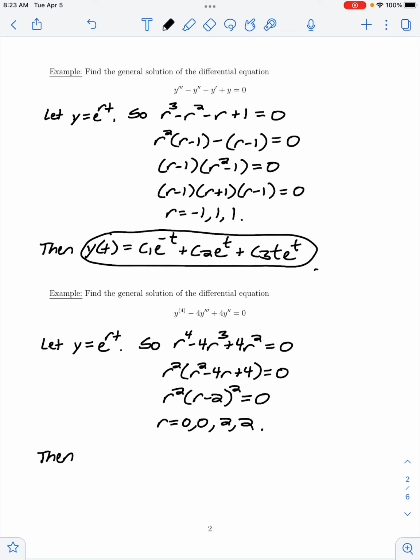So in this case of repeated real roots, my general solution, y of t, would have the form c1 times e to the 0 plus c2 times t e to the 0 plus c3 times e to the 2t plus c4 times t e to the 2t.